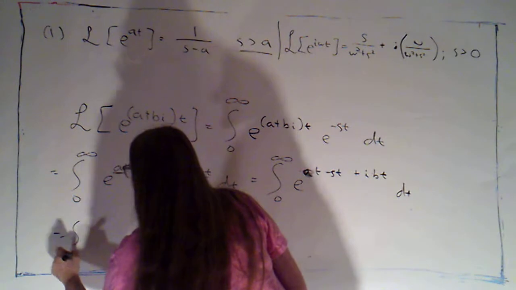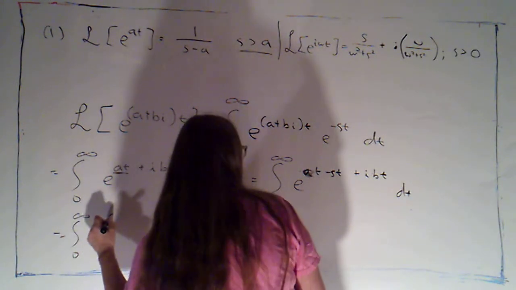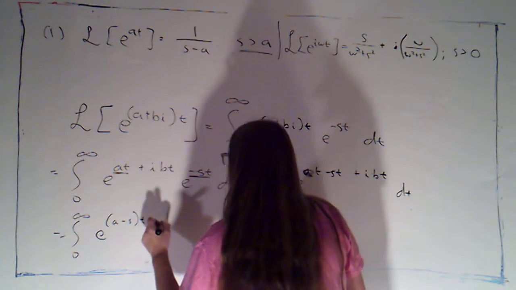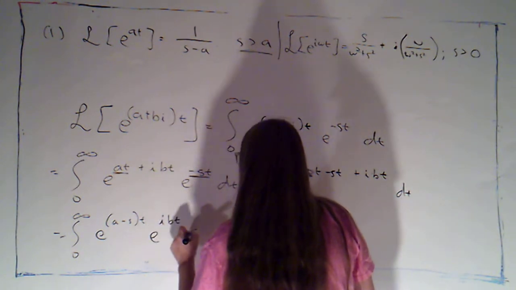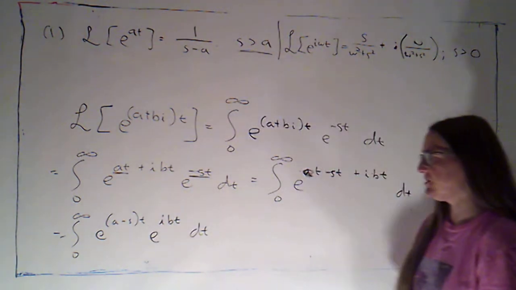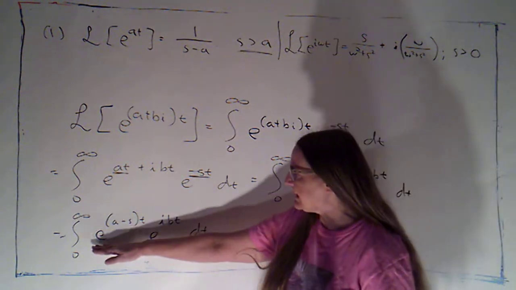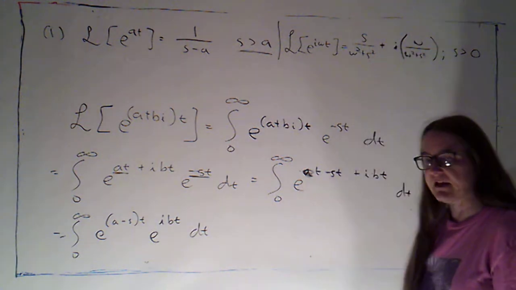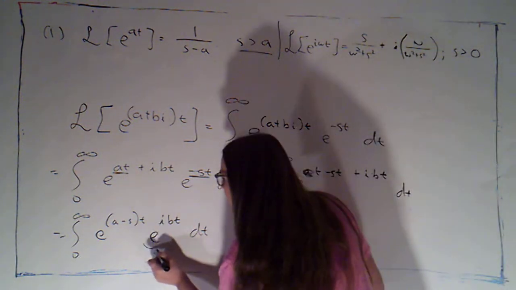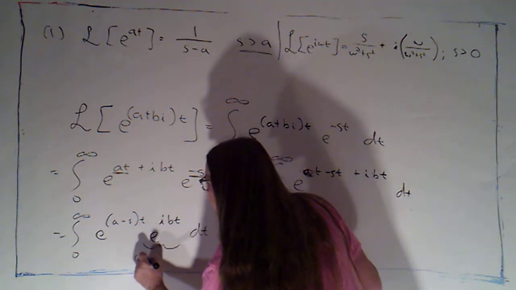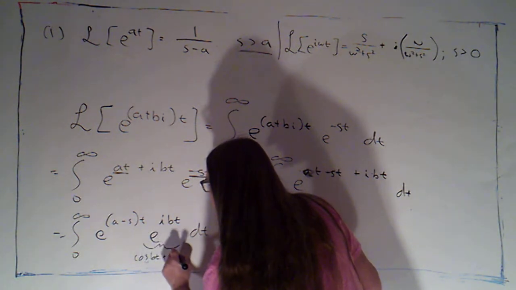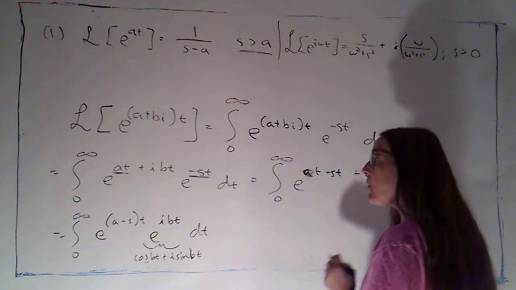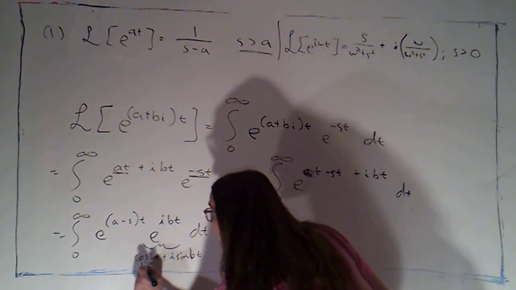And that's the integral from 0 to infinity, e to the (a minus s) times t, e to the i times bt dt. Just separating it now, e to the real part, e to the i times the imaginary part. Now I know that this is cosine bt plus i times sine bt. Okay. And so therefore I know that it's bounded.